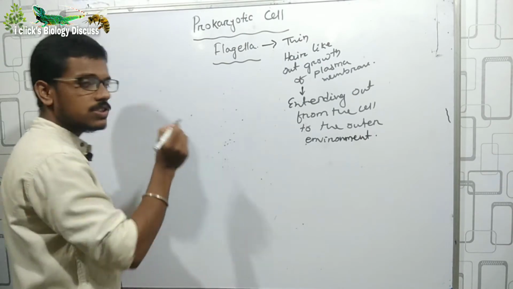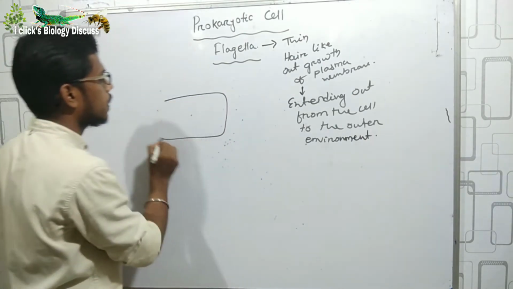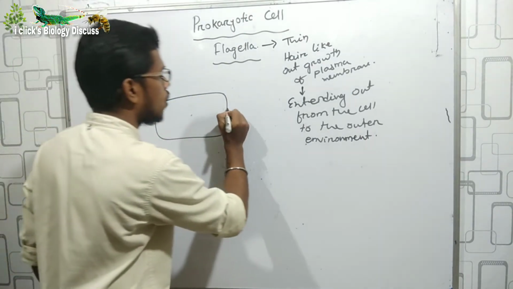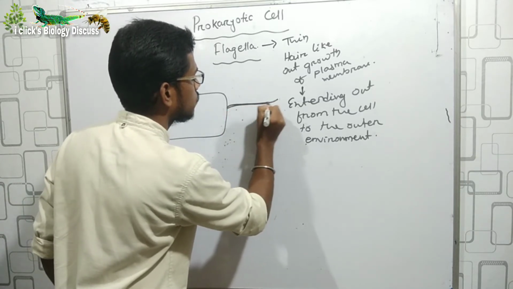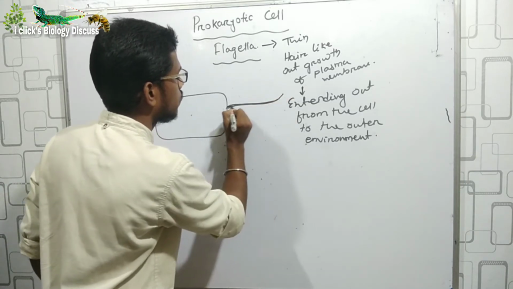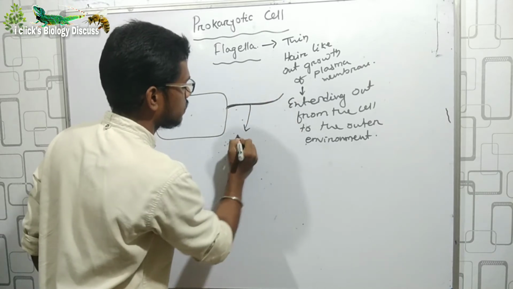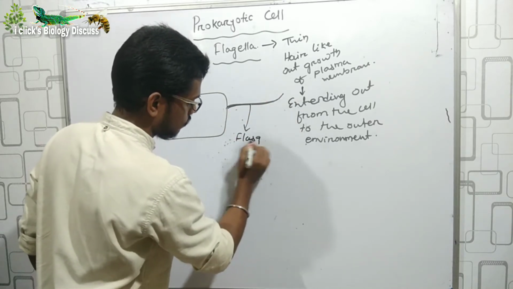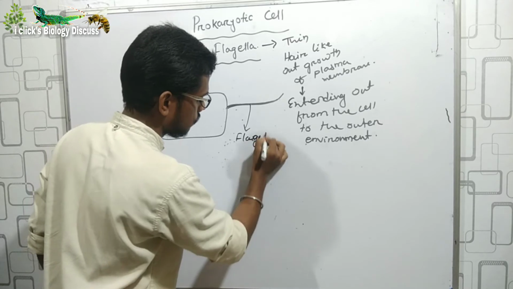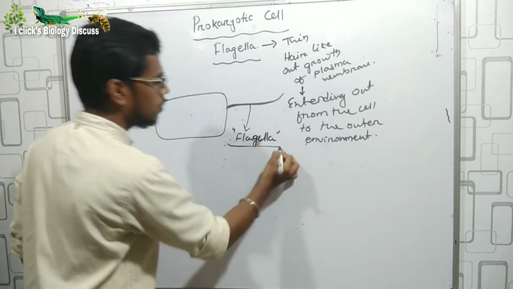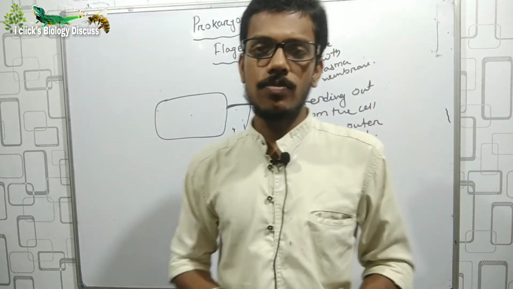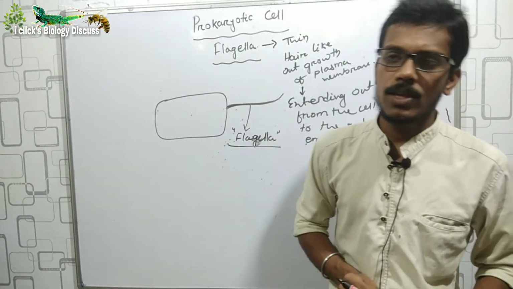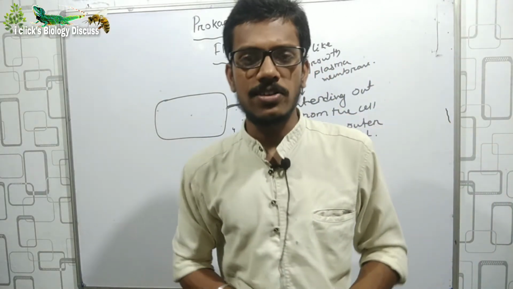Suppose this is a prokaryotic cell. There is the presence of a thin hair-like projection. This is called the flagella. The flagella may also be present in the case of a eukaryotic cell, but in the prokaryotic cell, the structure of flagella is very simple.